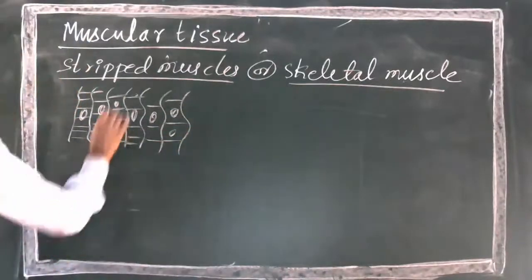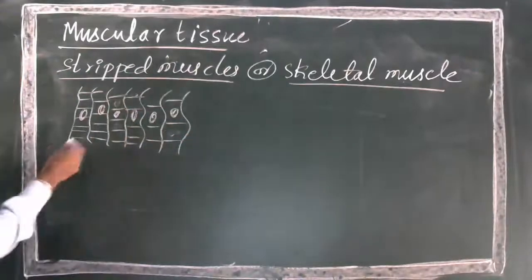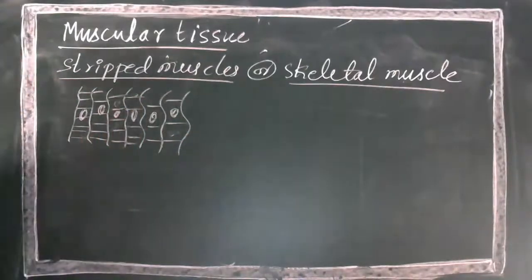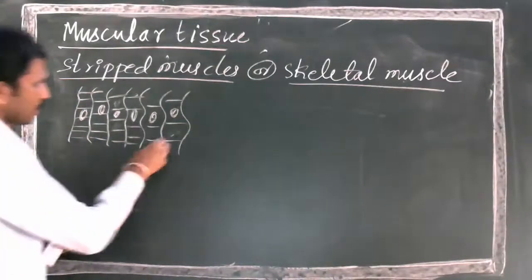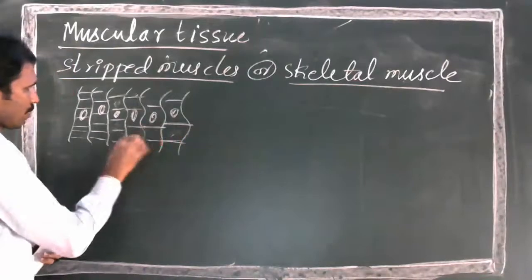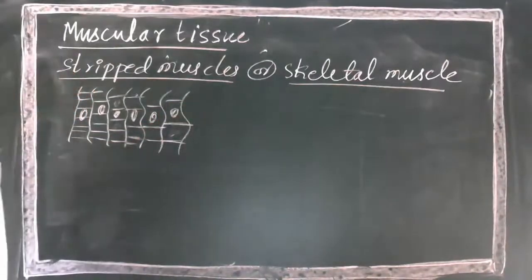So this is the striped muscle. Striped muscle means these bands, these stripes, are there. That is why it is called striped muscle or skeletal muscle.